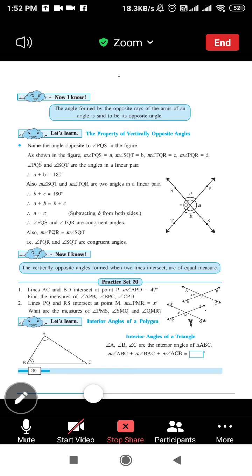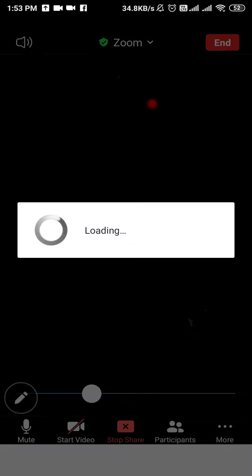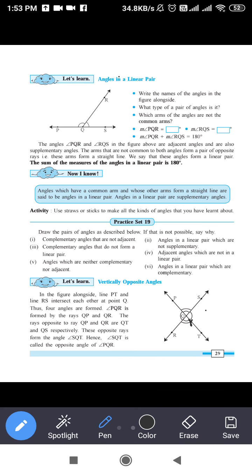Next, practice set 20. So before starting with practice set 20, there is some information given to you. What is given here? The angle formed by the opposite rays of the arms of an angle is said to be the opposite angle. Okay, means what are the opposite angles? So to understand the vertically opposite angles, you have to see this diagram. What is given here?